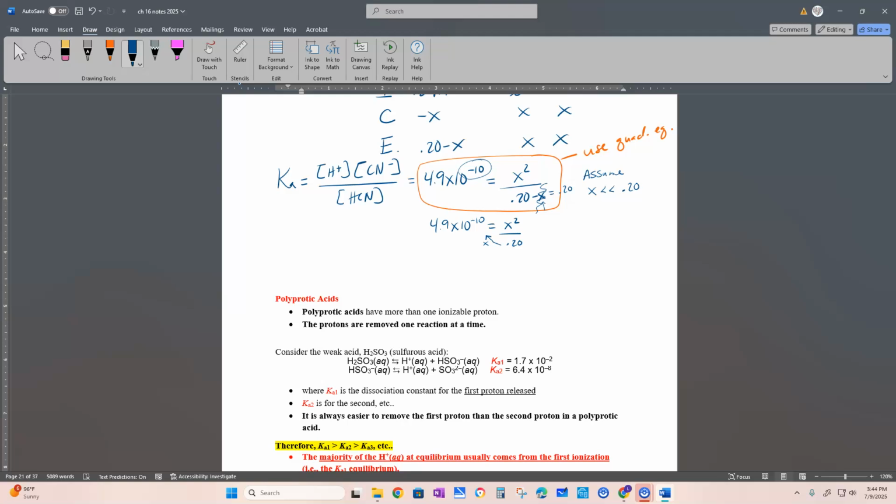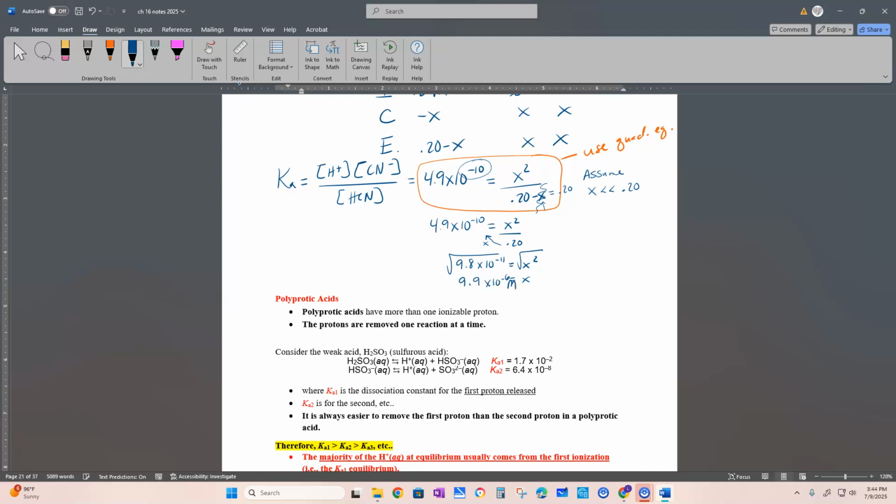I'm just showing you step by step right now. You're going to get 9.8 times 10 to the -11, and then I have x squared. We're going to take the square root of both sides, so that way I can just get x. So square root of that 9.8, and I'm going to get, 2 sig figs, 9.9 times 10 to the -6.